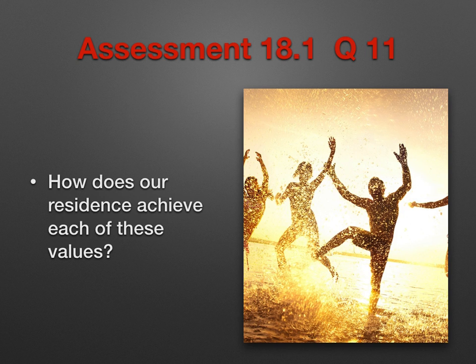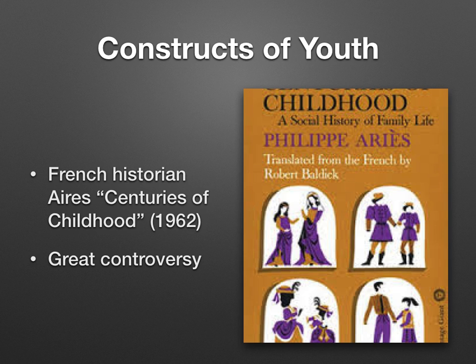We want to move now and look at constructs of youth. So the word construct is like how we view young people, our perception of young people. If we go back to 1962, we've got a book written by Philip Ayres, a French historian, and this book was very important for 2 reasons.